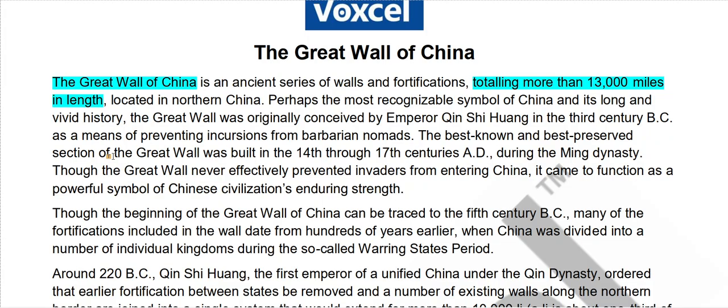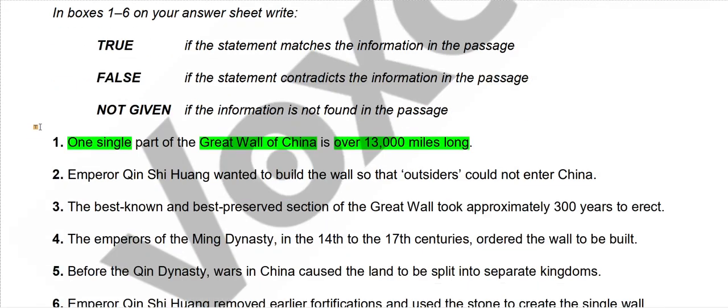That means, in simpler words, the length of the entire wall of China is more than 13,000 miles. So how can a single part be more than 13,000 miles when the entire wall is more than 13,000 miles in length? Obviously this cannot be the case, so we will say this answer is false. I hope it is clear.